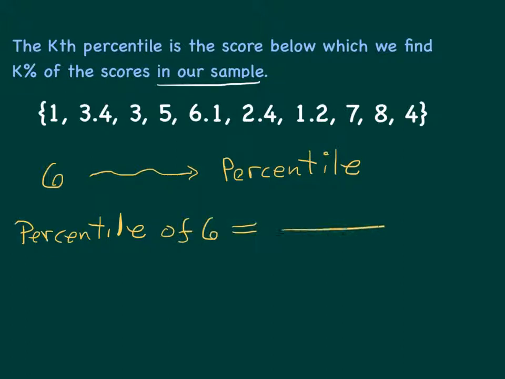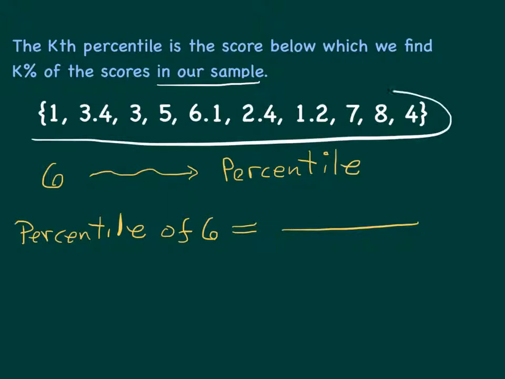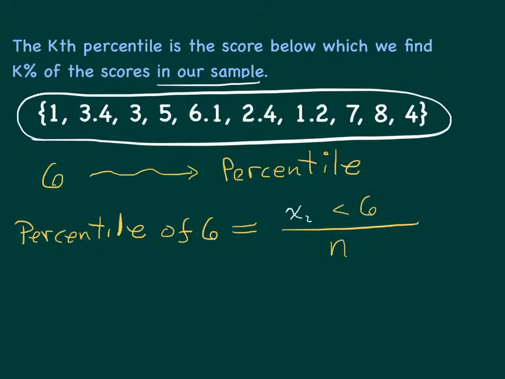All right? Given the definition, all we need to do is find out how many scores in our sample are below 6. So we have x_i strictly less than 6, and then we want to divide by the total number of scores in our sample. So we first want to determine the numerator.